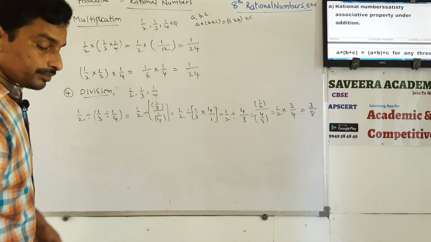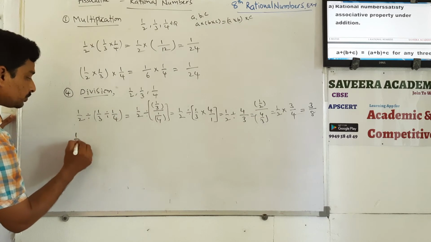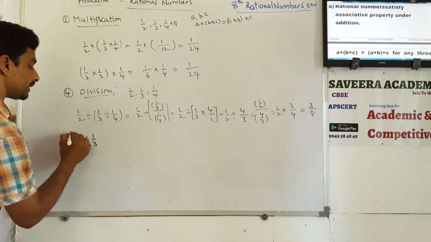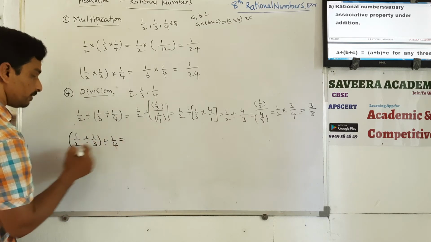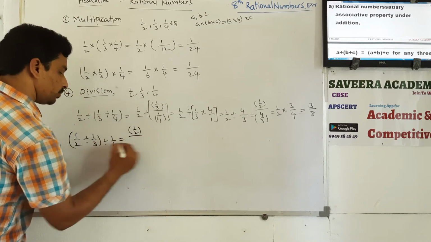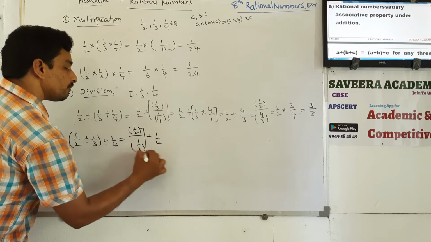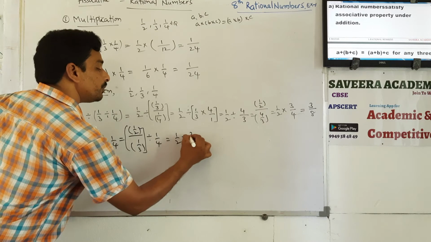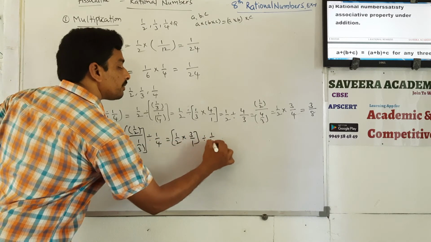Okay. Now let us check (1 by 2 divided by 1 by 3) divided by 1 by 4. First see, this is 1 by 2 divided by 1 by 3, divided by 1 by 4. First simplify this one: 1 by 2 into 3 by 1, reciprocal, divided by 1 by 4.